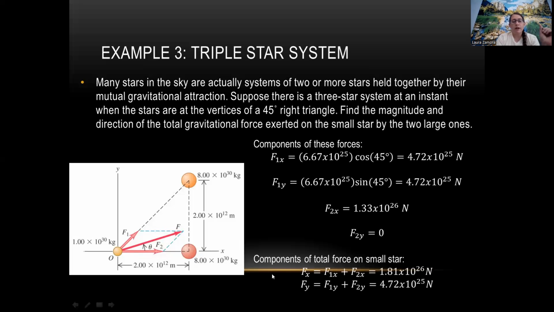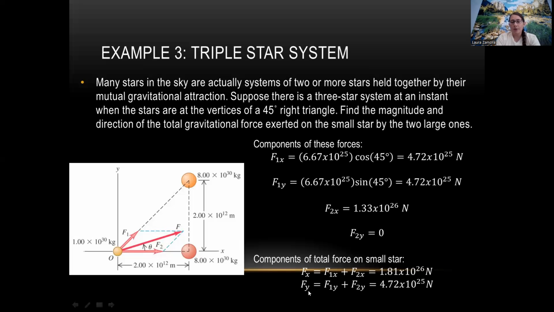So remember, when we want to find the magnitude of our resultant vector, the result of adding together 2 or more vectors, we can add all of the x components together and then separately add all of the y components together. So that means the x component of our total force is the x component of the first force plus the x component of the second force, which gives us a result of 1.81 times 10 to the 26 newtons.